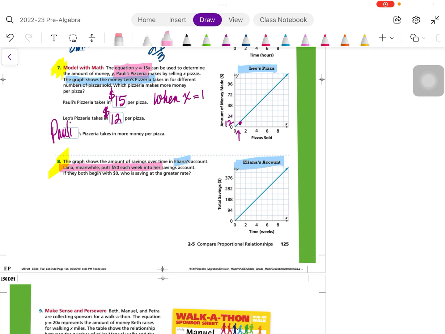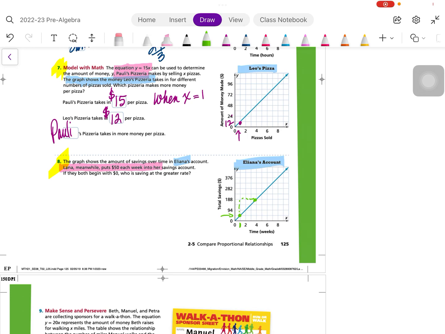Okay, so let's start with Eliana. If we look at her graph, we would have to look right here at this point where x is 1. We can also do rise over run for any of these points, but I can see the value at which x is 1.